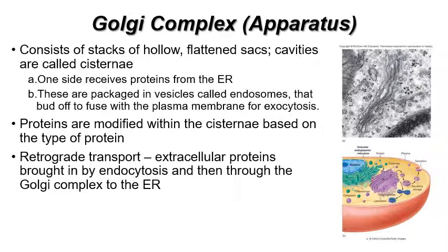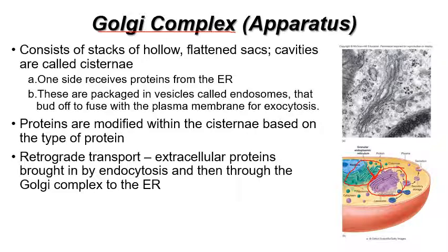Associated with the endoplasmic reticulum here, the green, is the purple. This is the Golgi complex. Okay. The Golgi complex is basically a modification center. It's kind of a FedEx. It will receive the protein that gets synthesized here at the ER.